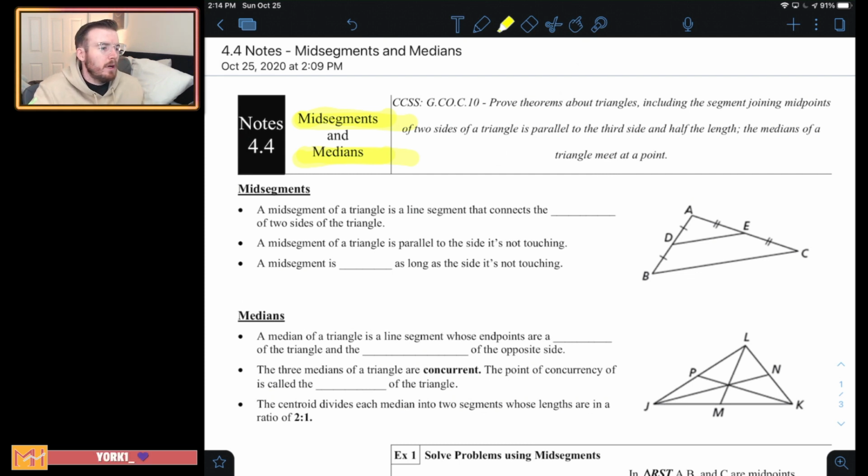I don't have the module created on Canvas, so I don't have the notes posted. That's my bad. So week 10, Unit 4.